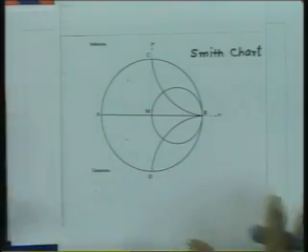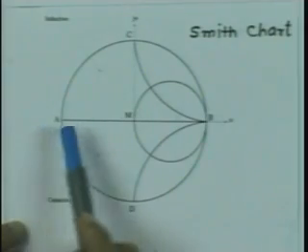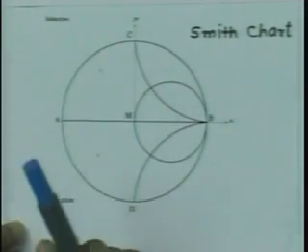Let us say we are now considering the impedances which are given by R plus jX. So, R is the resistance and X is the reactance. This point here, A, as we have seen, any point lying on the outermost circle represents r equal to 0.